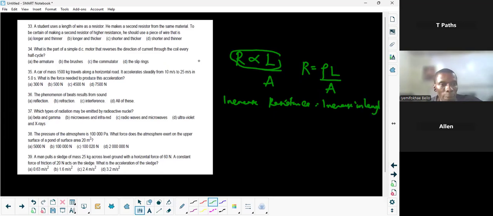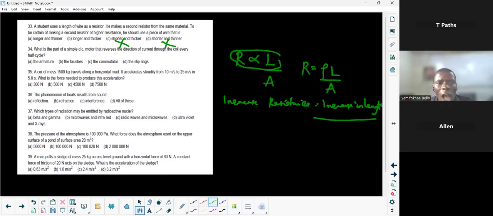So it simply means that for the student to get another resistance that is higher, the student needs a longer wire. So increase in length is the same as longer. So it simply means that D is wrong and C is wrong. The correct answer is between A and B because both of them have longer. So longer will increase the resistance. So among A and B, which of them is the correct answer?